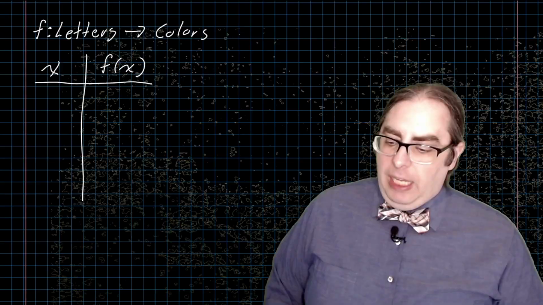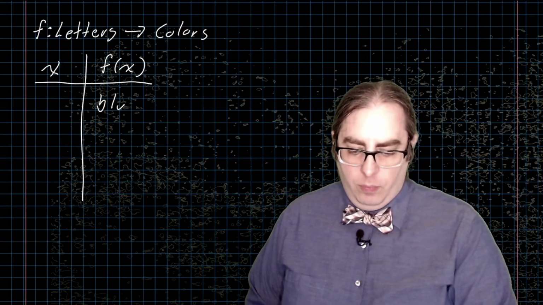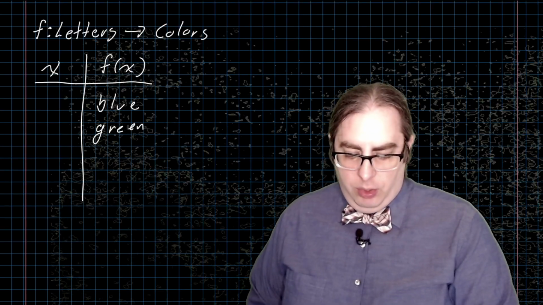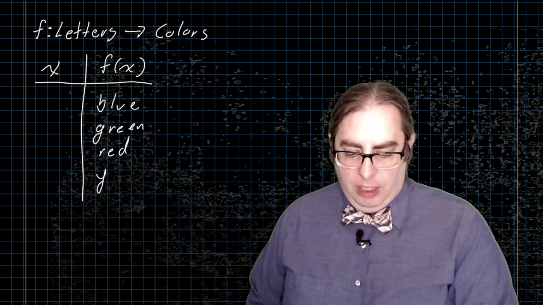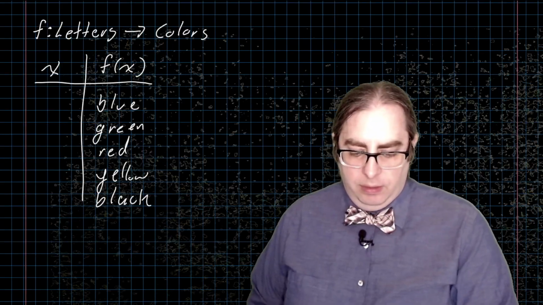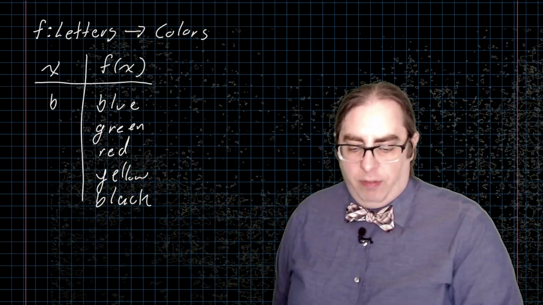We can define this function using a table of values. I'm going to call my domain elements x, and then my range elements, the result of applying the function to those x values, will be f of x. So let's say we have 5 colors that we want to be able to choose from. Blue, green, red, yellow, and black. And we just start picking letters based on the first letter.